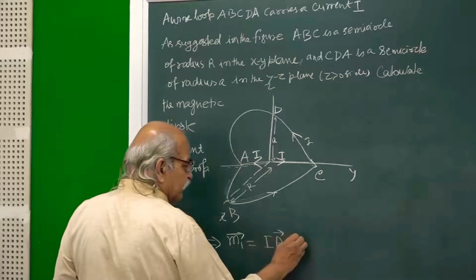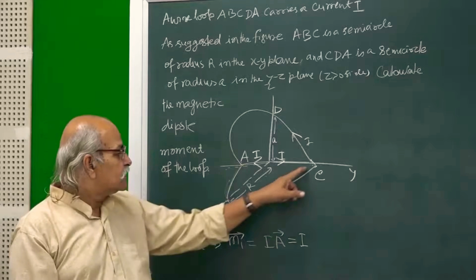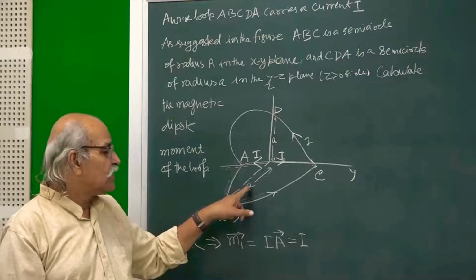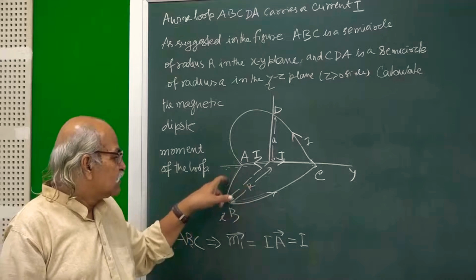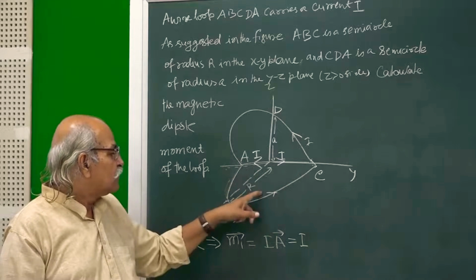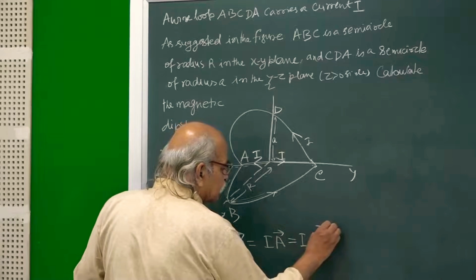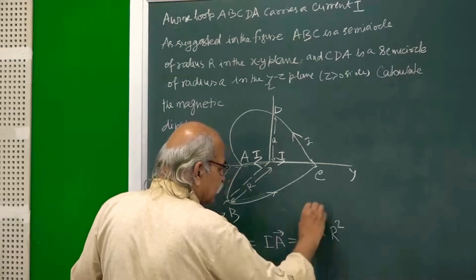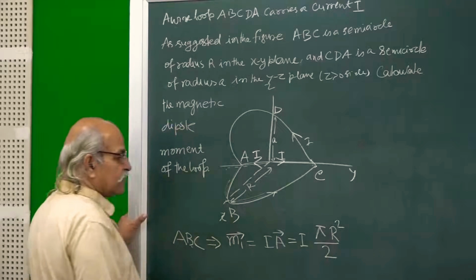The area of the full circle is pi R square, and since this is a semicircle, the magnitude is pi R square divided by 2.